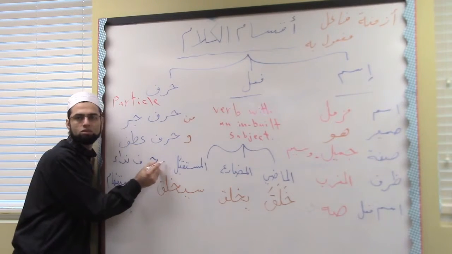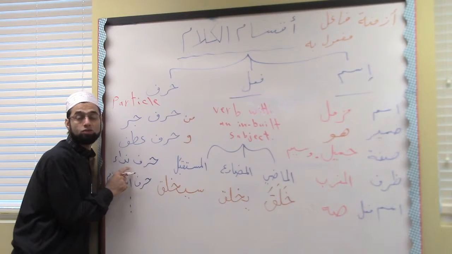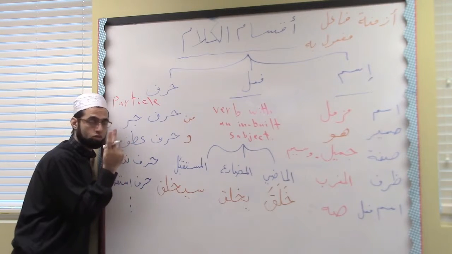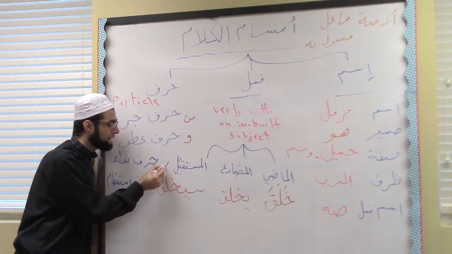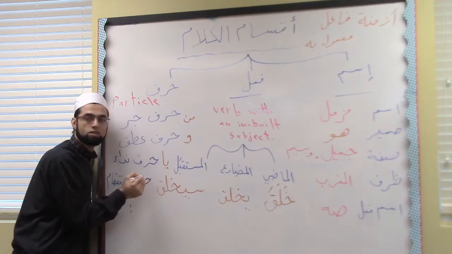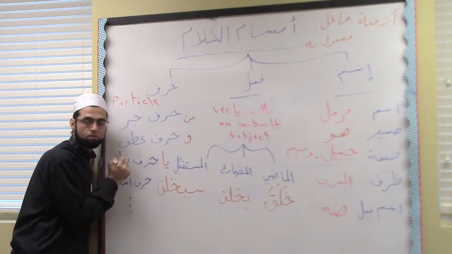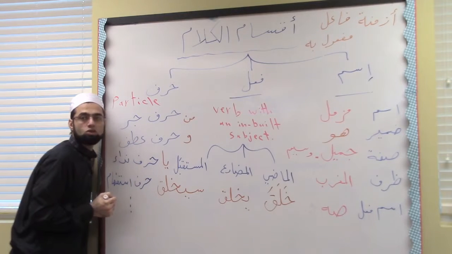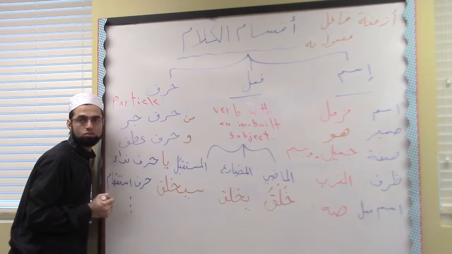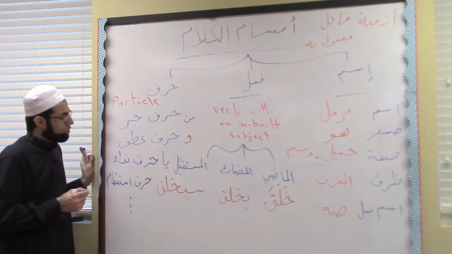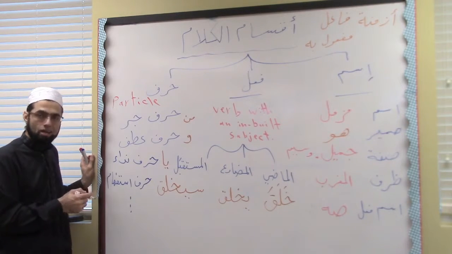But we have two main particles for nida, not all of them. I'll give you just examples of two. Ya is the famous one. What else we said? A. Hamza on alif. Like ayyu, also ayyuha. Or ay.